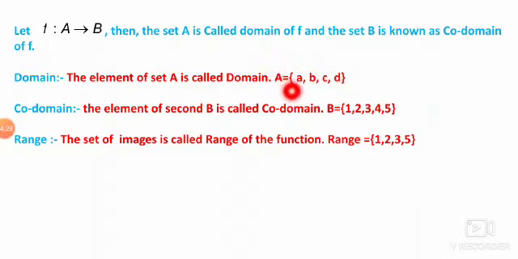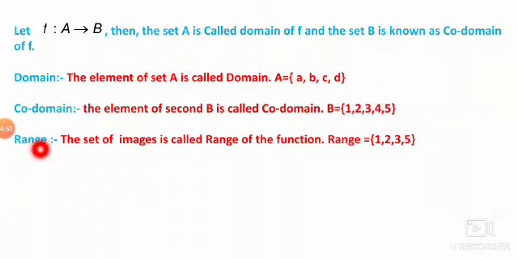That is, each element of the main set A is called the domain. Codomain: the elements of the second set B are called the codomain. And in this case, B is a set containing the elements 1, 2, 3, 4, 5.